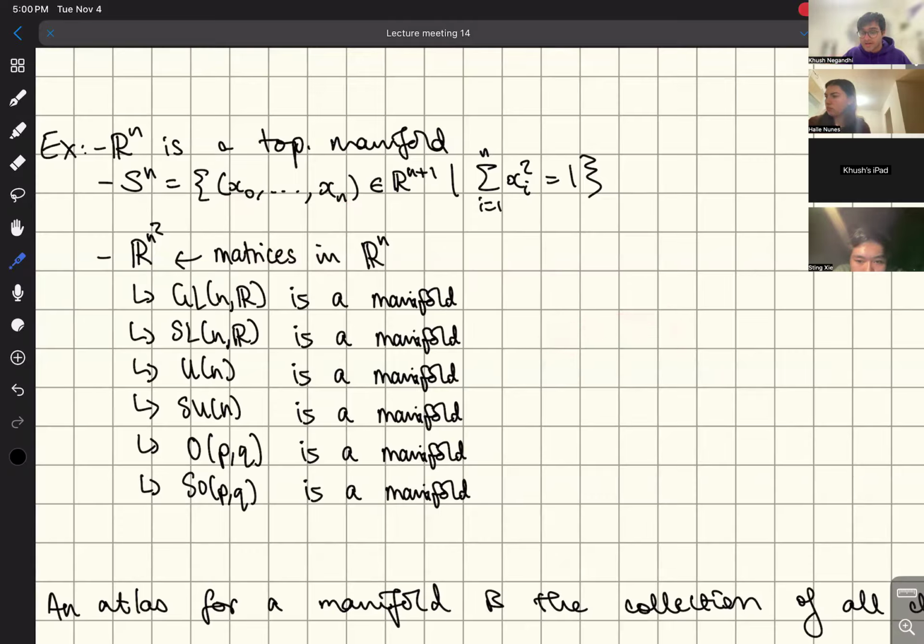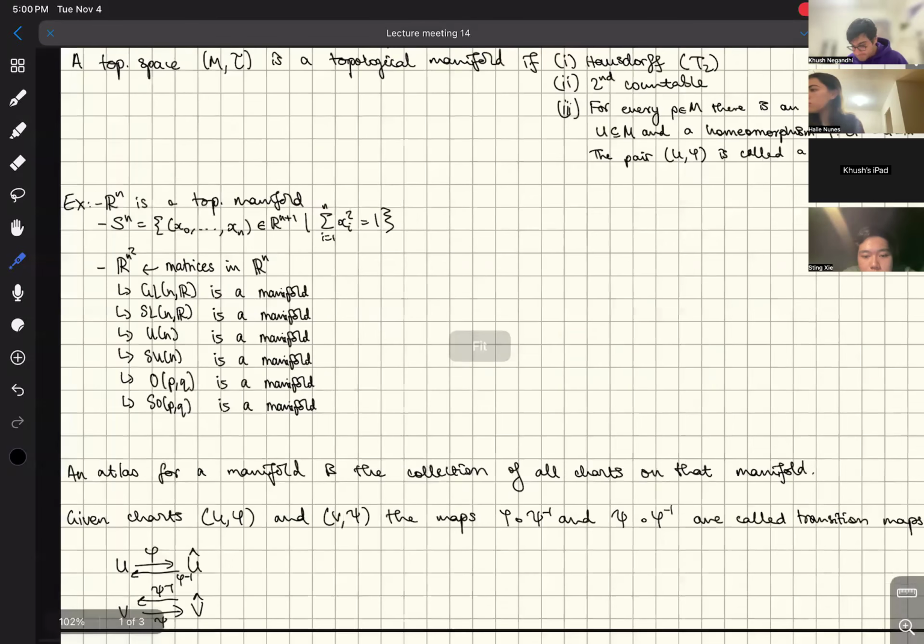This is one constraint, so this has n squared minus 1 dimensions. Does that make sense? That's how you count the dimension of this manifold: you look at the number of constraints, take whatever space you had initially, and subtract off that number.